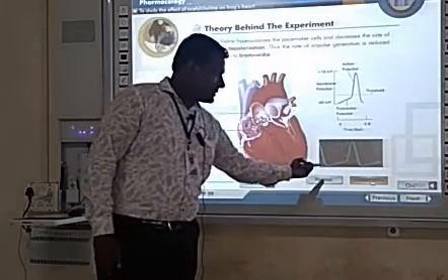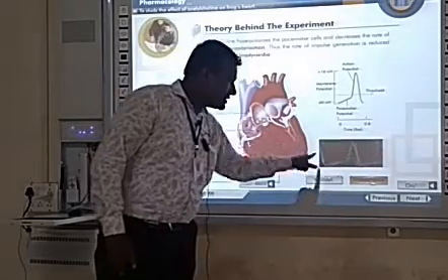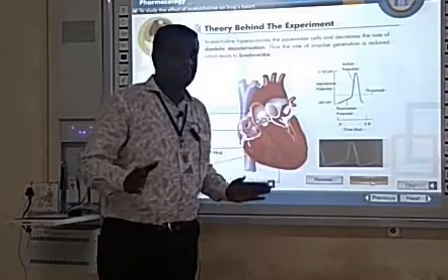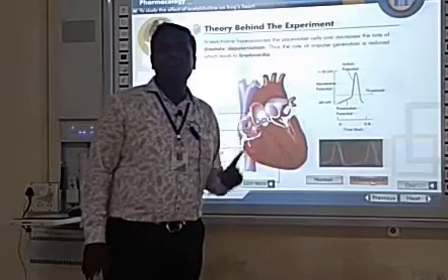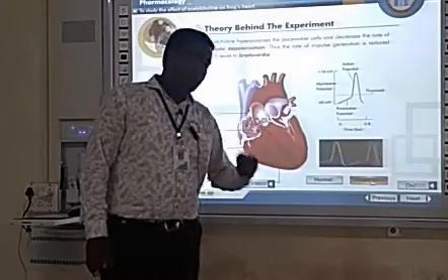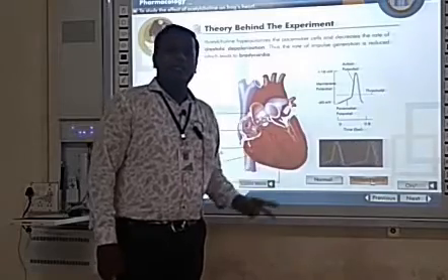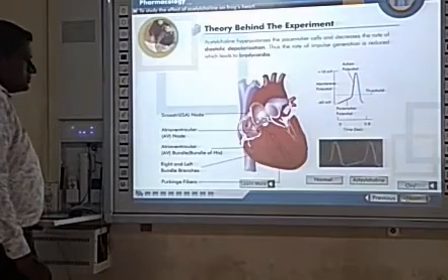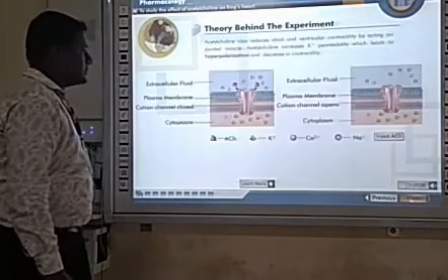So the height of the peak becomes decreased, as well as the distance between two peaks is increased compared to normal. In pharmacological language, acetylcholine shows negative chronotropic and negative inotropic effects. So this is the theory behind the experiment.